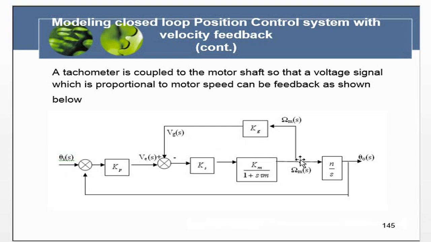This is to feed back the speed. The θi is the input and θos is the output. It is the closed loop position control system with velocity feedback. This is the velocity we feed back.